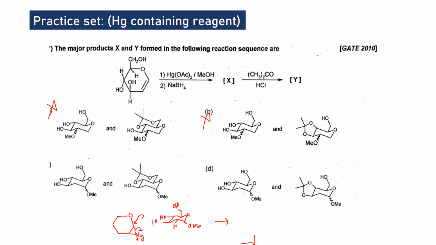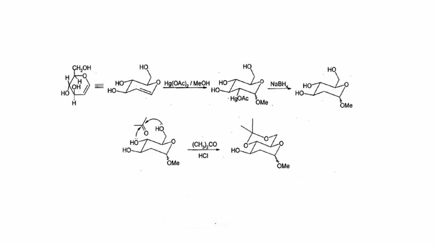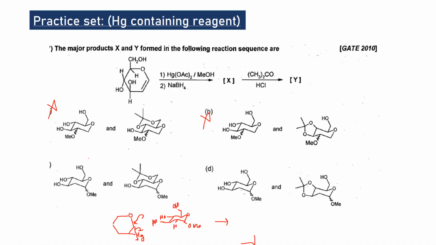Now you always know that ketone always prefers the formation of 6-member ring rather than 5-member ring. So in this case, these two OH will attack.